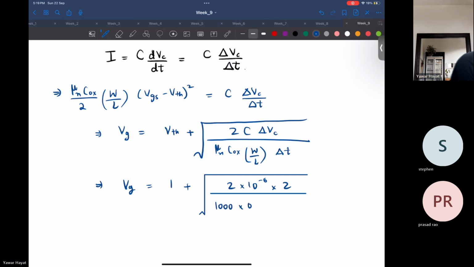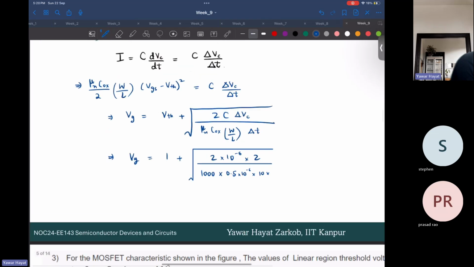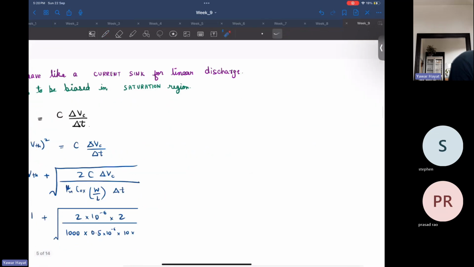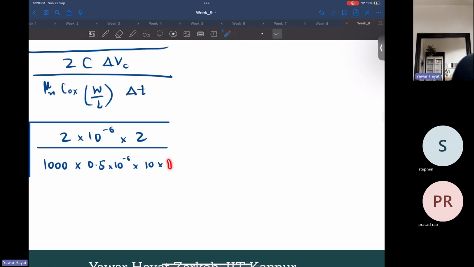mu n is 1000, Cox is 0.5 into 10 to the power minus 6, times W by L is 10, and what is the duration in which that happens? It's 1 millisecond, right? So 10 to the power minus 3.